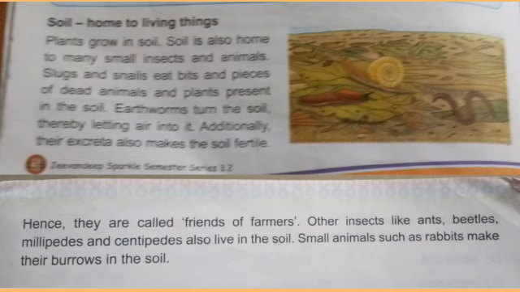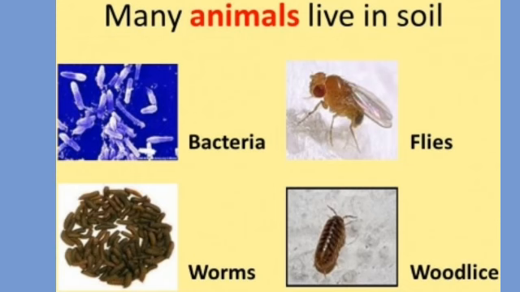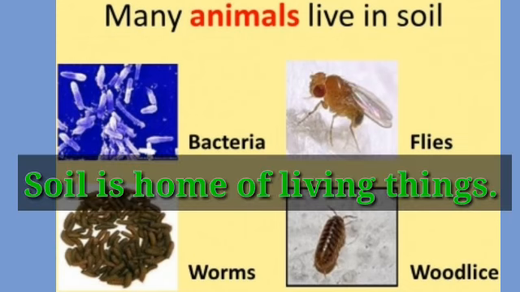Now I explain this part. So soil is a home of some living things. Do you see the rabbit? Where can a rabbit live? A rabbit can live in burrows, and they make the burrows in the soil. So there are many different types of animals that live in the soil.